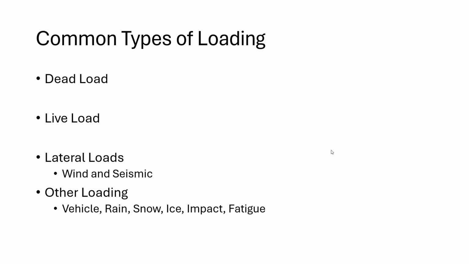But an easy way to visualize both of these forces primarily is as lateral loading. And then we have other types, and many more outlined in the codes, whether it be AASHTO or ASCE 7. We have vehicle, rain, snow, ice, impact, fatigue. These, again, are just examples of how you as an engineer are going to want to, quote, tear down your structure before you start the design.